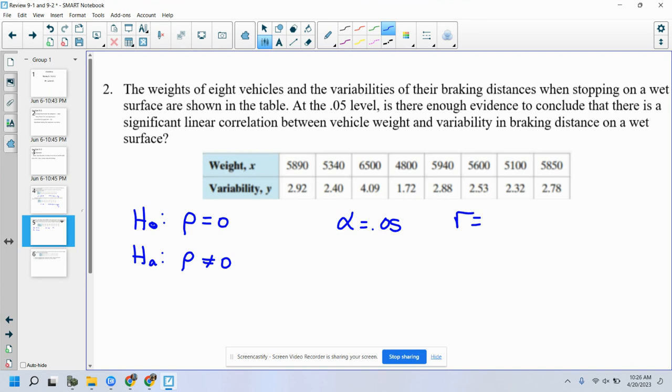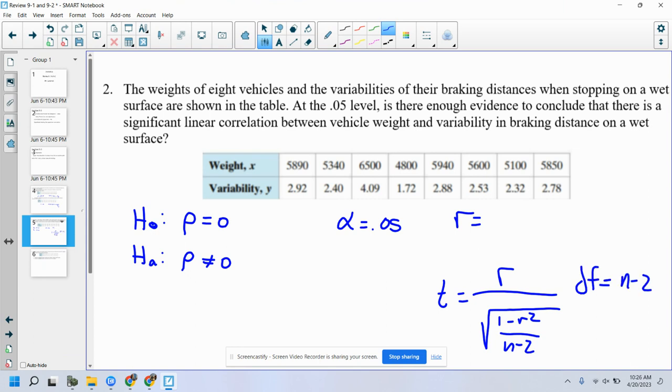So I need to figure out my R value, because my t-score, chapter 9, is going to be generated with R over the square root of 1 minus R squared over n minus 2, where my degrees of freedom is n minus 2. Here I would be subtracting 2 from n to get my degrees of freedom. But I need to figure out what R is.